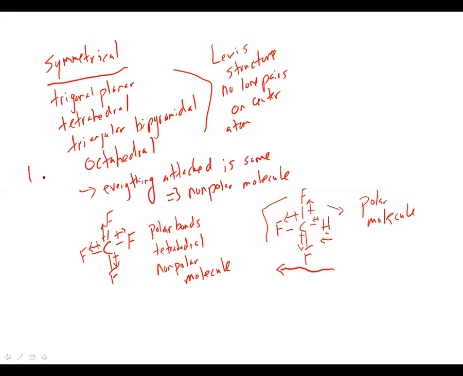Again, the linear, which is our expanded octet, and then also our square planar, which is also our expanded octet. So even though these guys technically will have those dots on the center atom, if everything on the outside is still the same, it will again be a nonpolar molecule. These are typically the molecules that will be nonpolar with these geometries when everything on the outside is the same. And again, these two here will be the two that have dots that will be the same. Any questions on that?